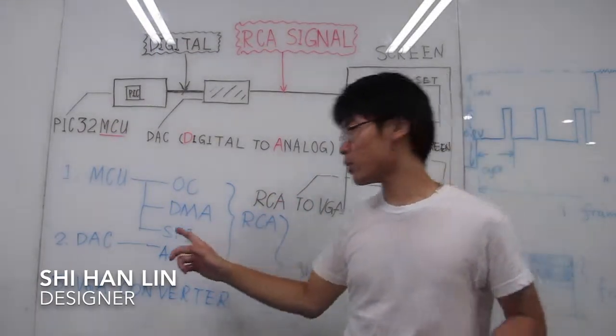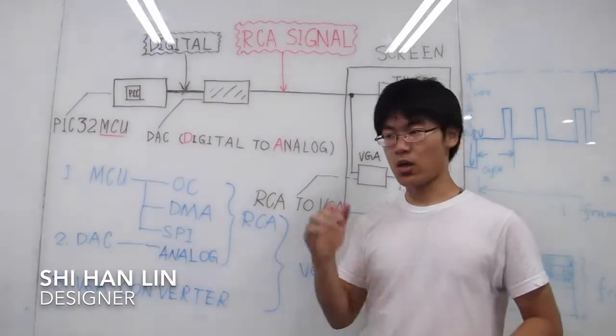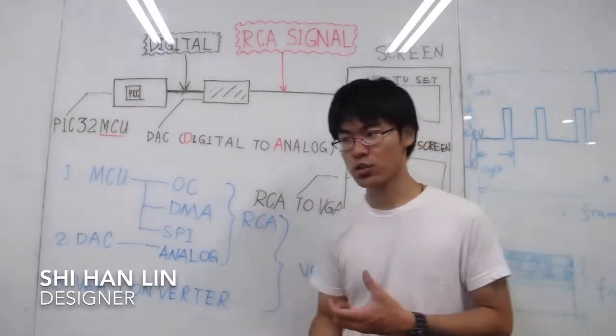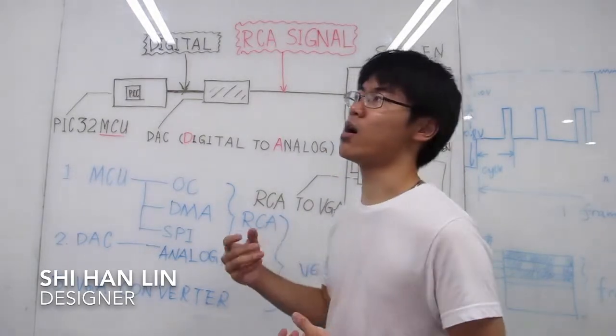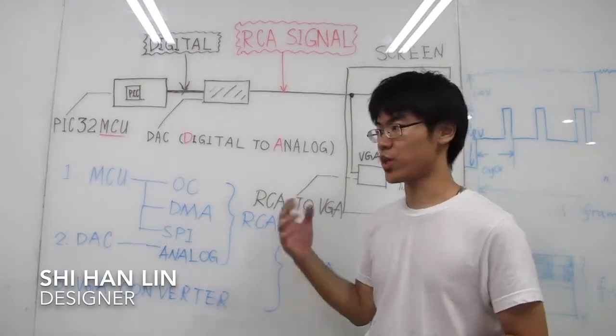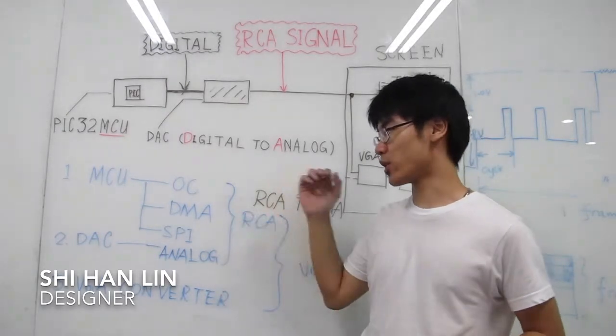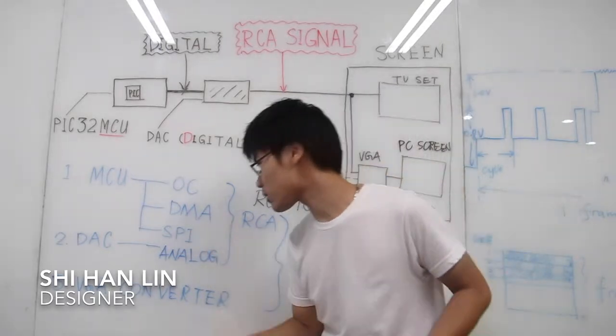Another module used is called SPI. This SPI is not used for communication, and this SPI was used to generate some waveform. The video information will be transformed by these parts.